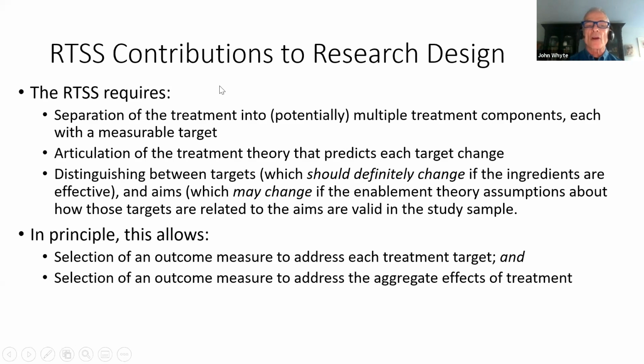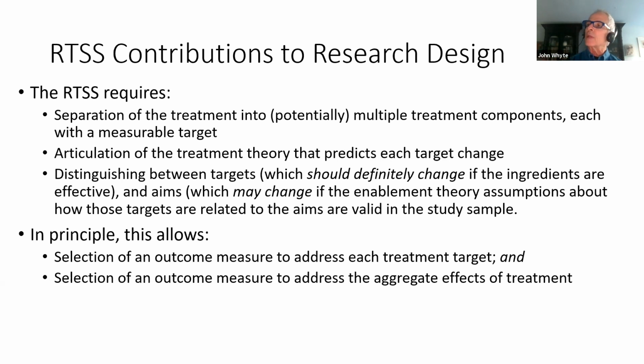Now, because RTSS requires you to do that, it, in principle, could allow you to pick an outcome measure for every target that you're treating in your study. You don't have to do that, but you have the ability to link a specific outcome measure for every single target. And then if you also think that there will be some aggregate impact of all of the treatment components on some larger aim, then you can select an outcome measure to measure that larger aim as well.